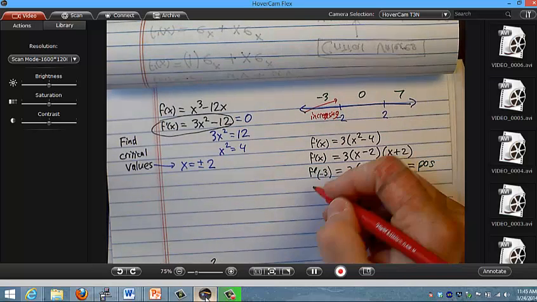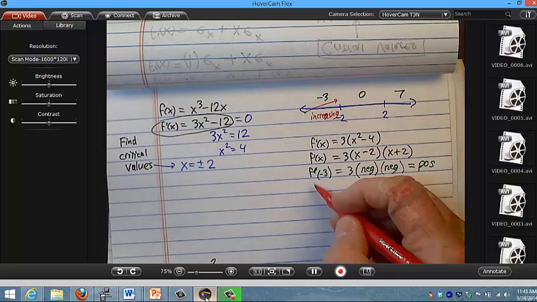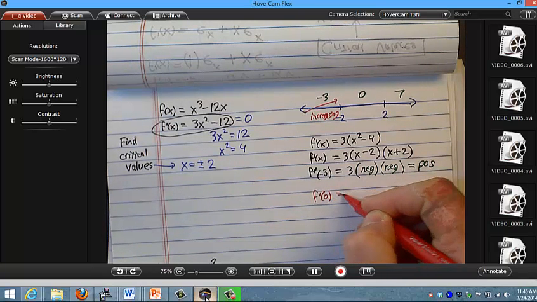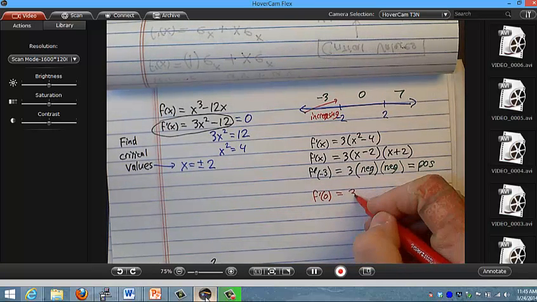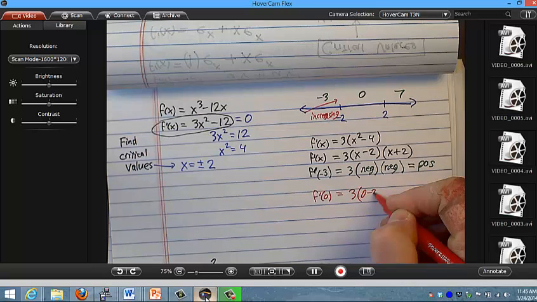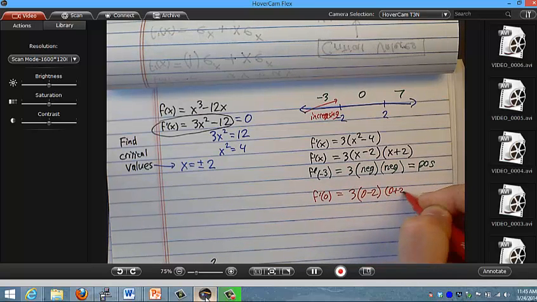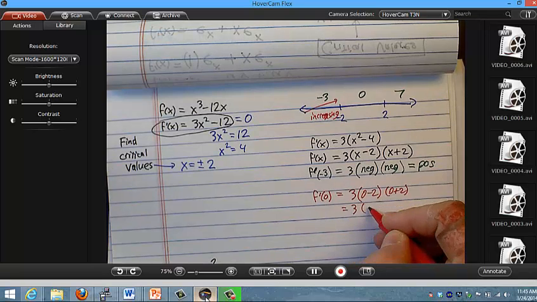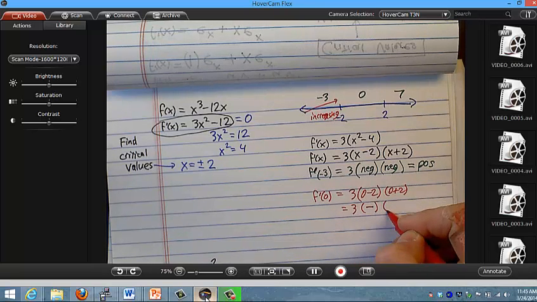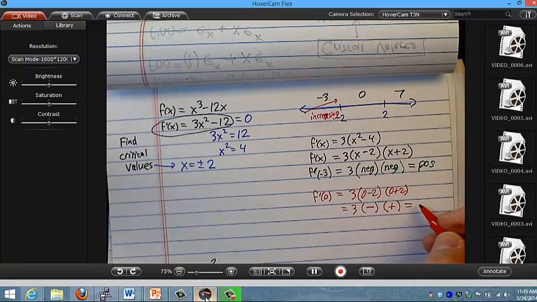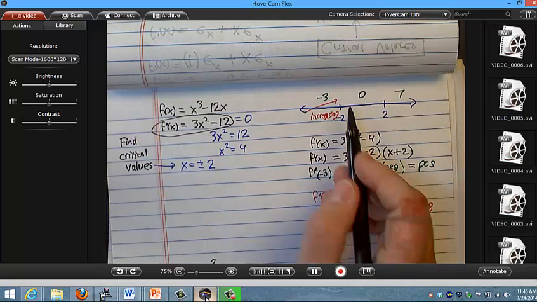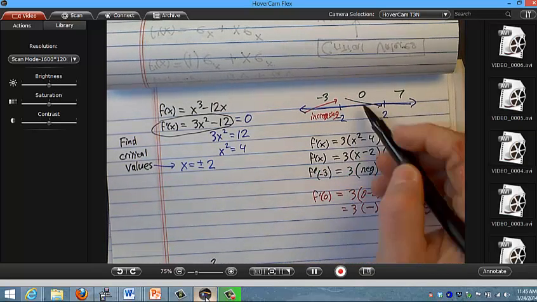Let me try f prime of 0. Well, that's 3 times 0 minus 2 times 0 plus 2. So that's 3 times negative times positive. So what's that going to be? Negative. Yep. Right? I have 1 negative. So what are we going to be doing from here to here? Decreasing.